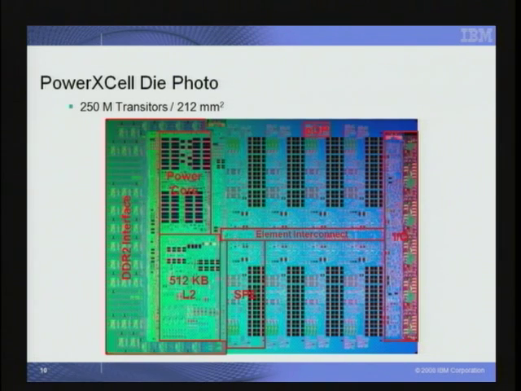So there's our die photo. In this rectangle here, you can see the original Cell BE. And on this side over here is the new DDR2 interface, and you can see that there's a lot of I/O there.